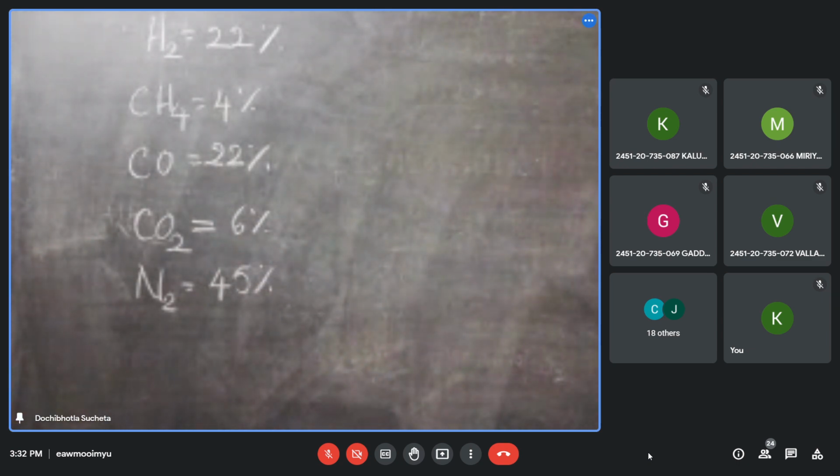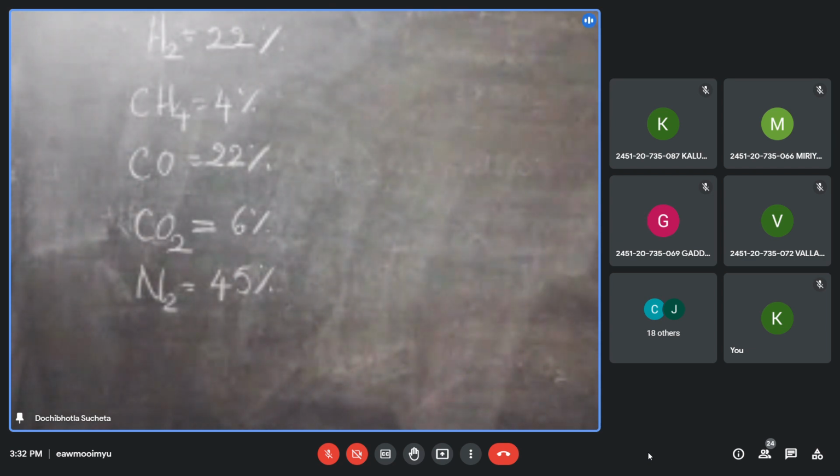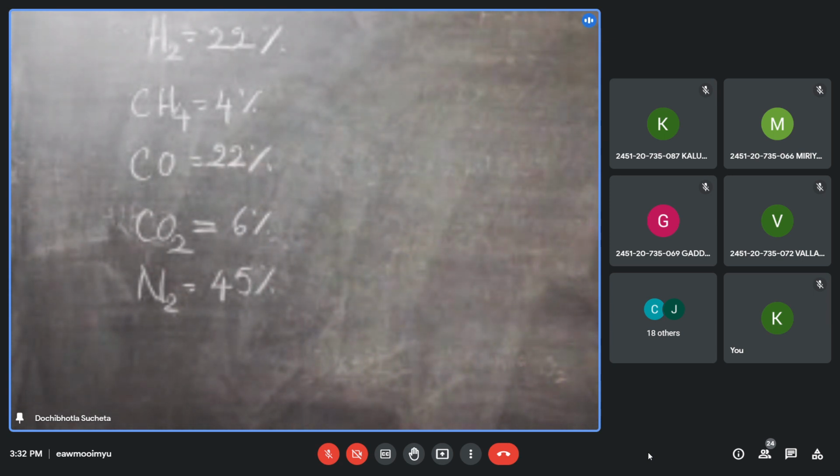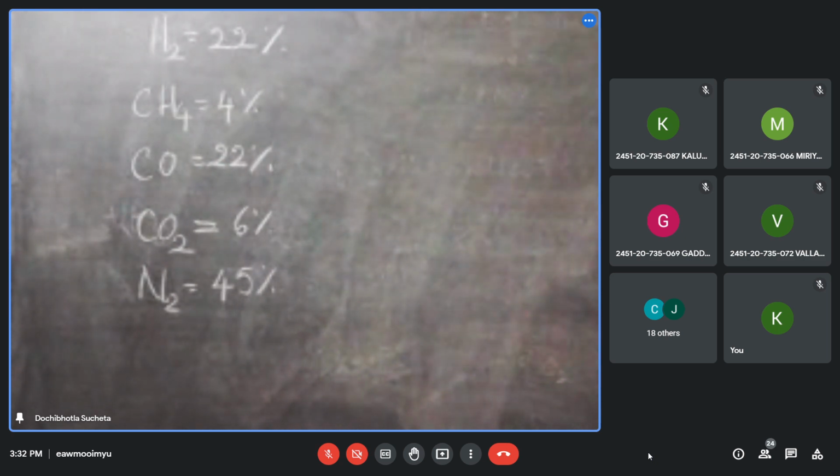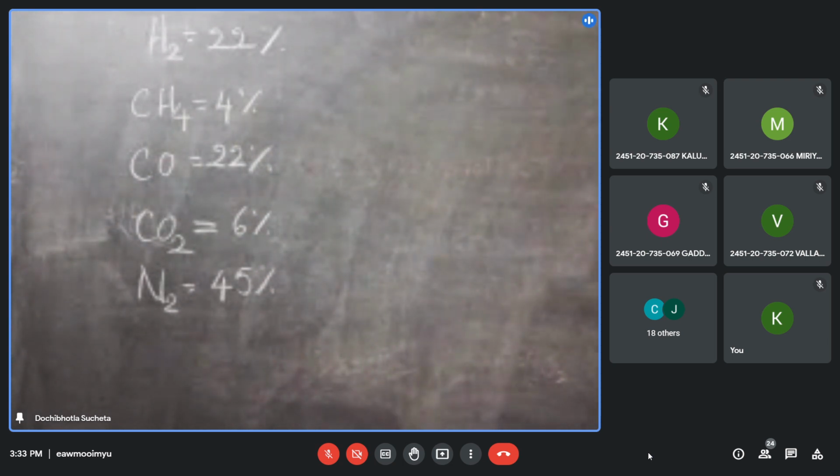If 20% excess of air is used, find the volume of air actually supplied for complete oxidation of the gas.